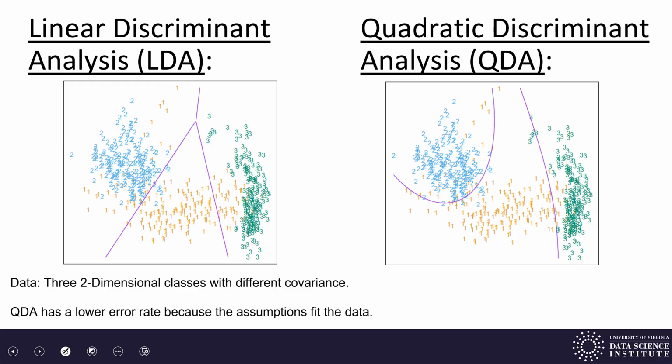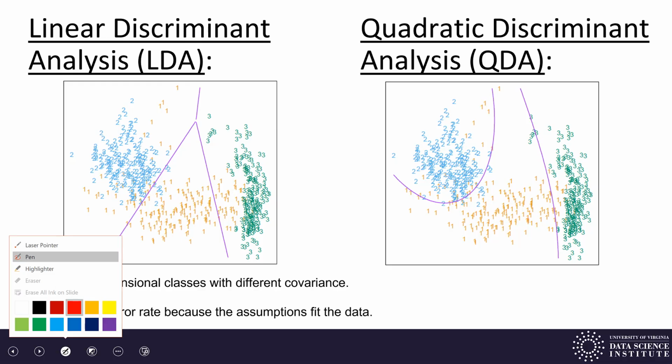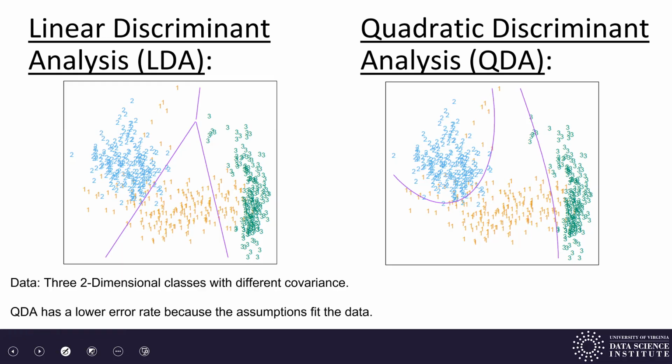Let's be a little more detailed. Looking at the 3s, it'd come up better if I do it in red. So maybe the mean of the class of 3s is somewhere about there. If I were to estimate the distribution using a multivariate Gaussian distribution for the 3s, I might get something like that. And the mean of the 1 class is there, and maybe I'm just sketching, but the covariance might be represented by that.